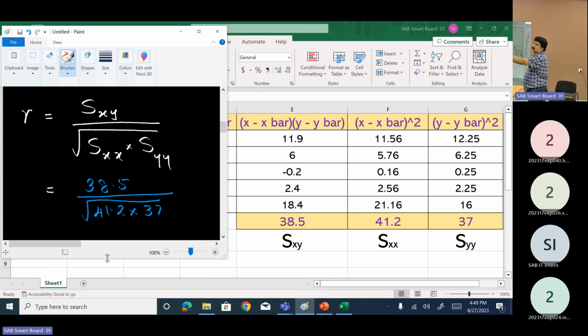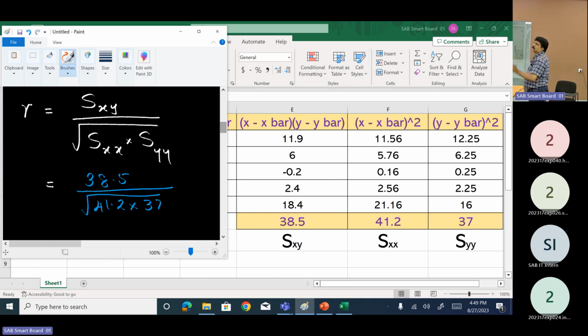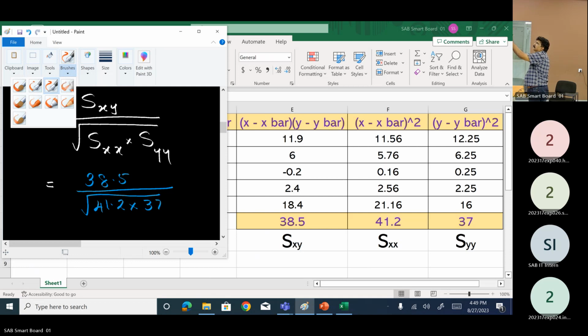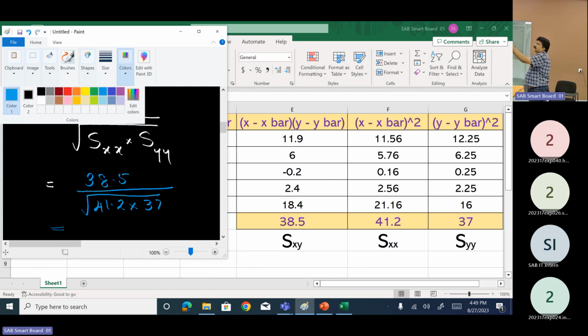Now it's just a matter of simplification. So if you simplify, you get 0.986.